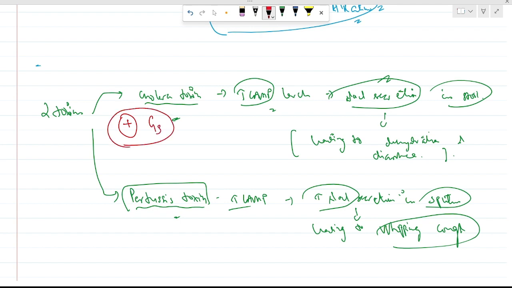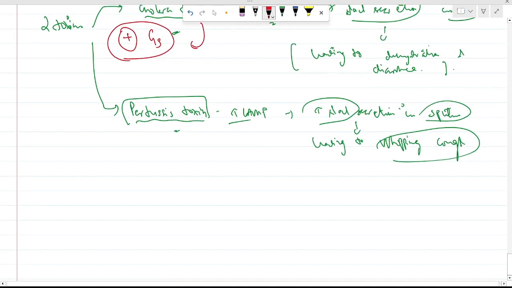You've seen there are three subunits of the alpha, GS, GI and GQ. This cholera toxin acts through activation of GS subunits, and this pertussis toxin acts through inhibition of GI subunit.